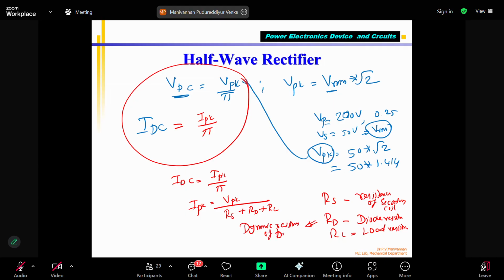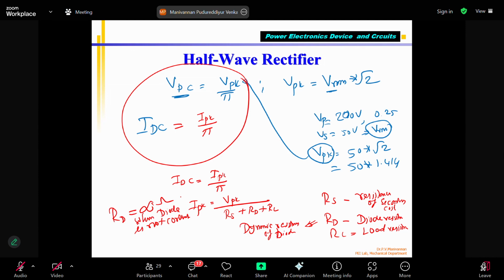Extremely sorry, diode. Okay, the RD value theoretically will be equal to infinity when diode is not conducting. During the time, RD will be infinite ohms.